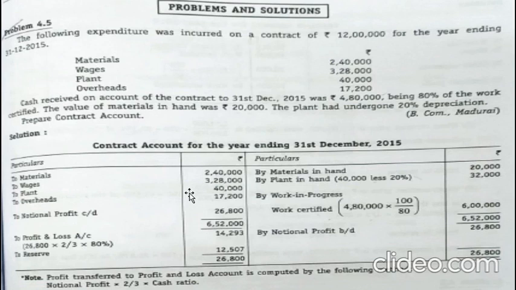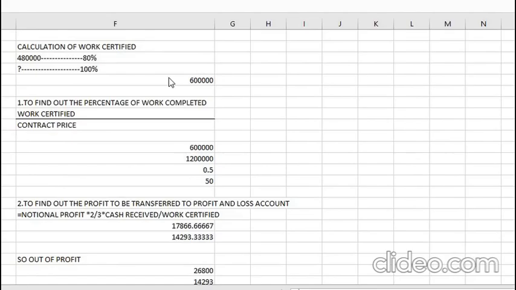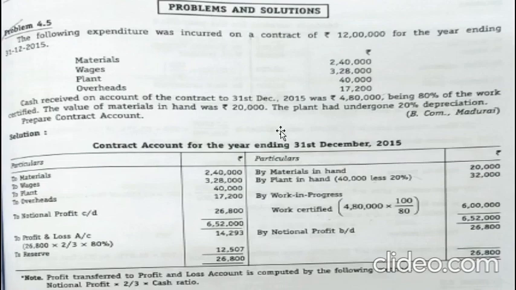12 lakh is your contract price as per the question, which is shown here: the following expenditure was incurred on a contract of rupees 12 lakh.